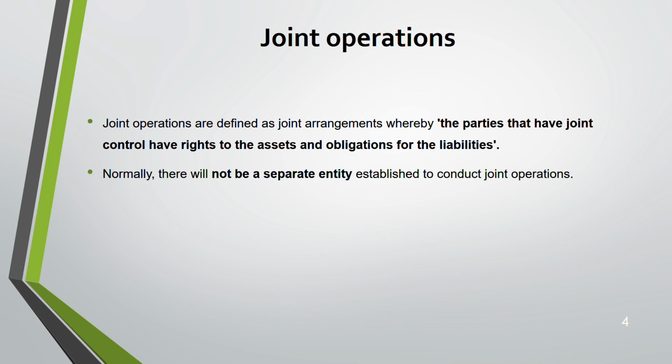Remember, the reason why I have highlighted these words is because these are the differences that you will find in joint venture, the ones which are in bold. Here there will not be a separate entity. Joint operation means they are not a separate entity that is established to conduct joint operations, whereas in joint venture it's a separate entity. We'll go to that later.